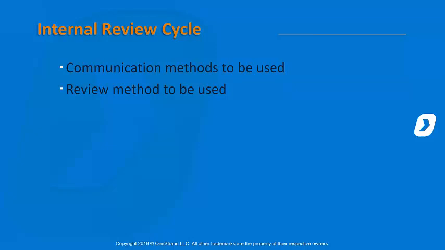Okay, review cycle. Now, I decided to break this out into two because I thought we'll do an internal review cycle, but then we'll also look at an external review cycle as well. So the internal review cycle is very much how within the project team are we going to have our communication process.